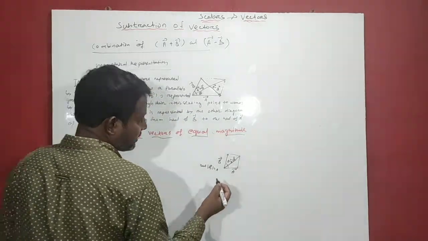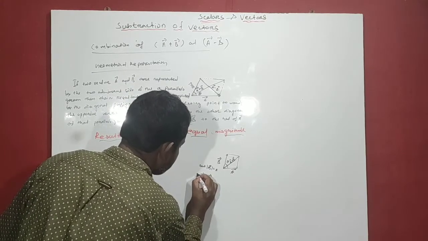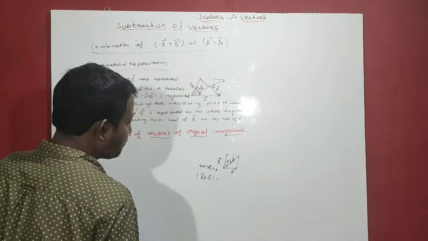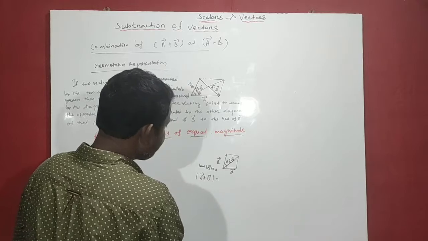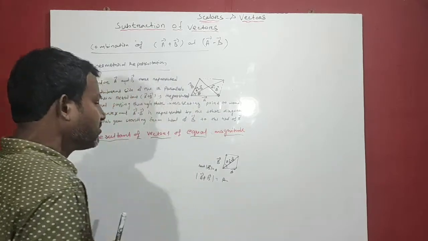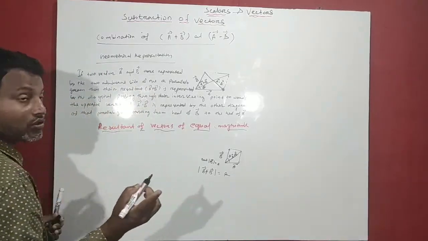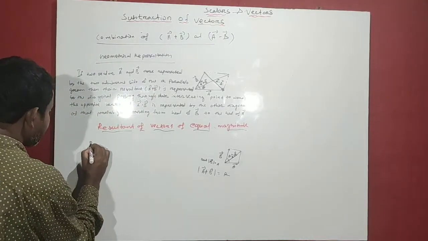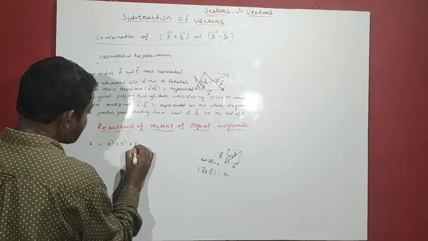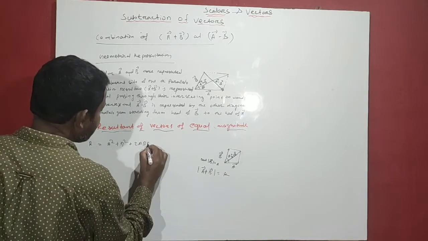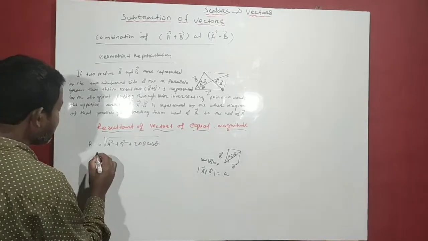A plus B is equal to, let R. So according to the vector law of addition, R is equal to under root of A square plus B square plus 2AB cos theta.